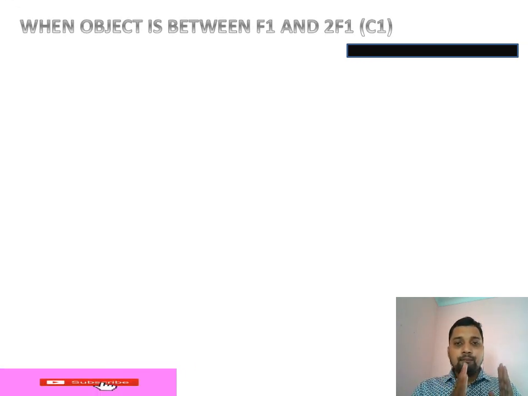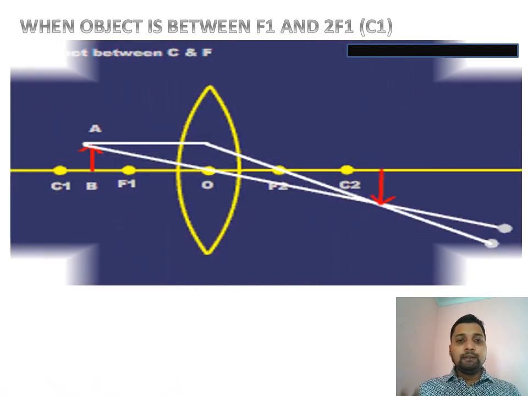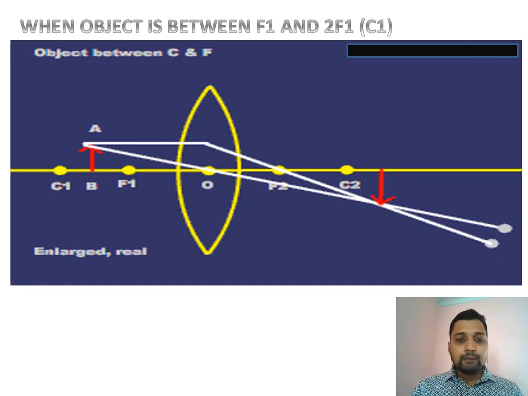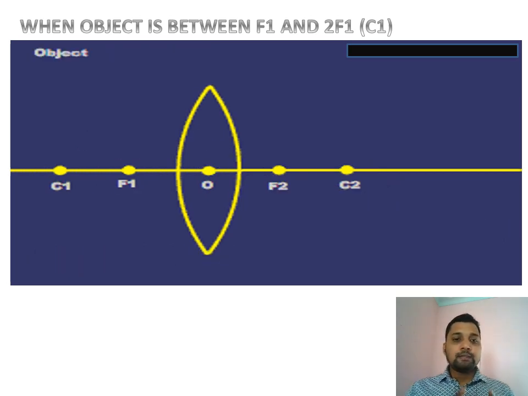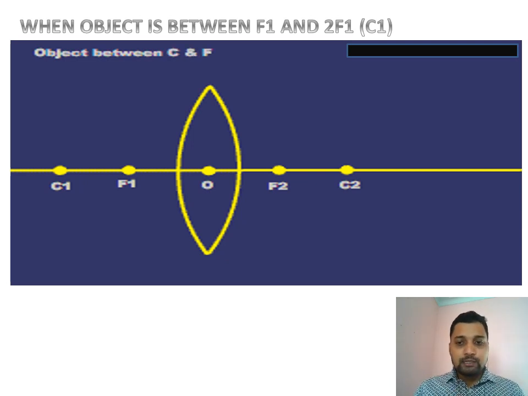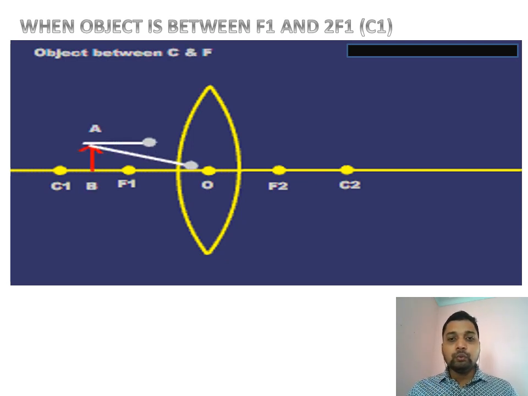Next one, when the object is between F1 and 2F1, meaning between F and C. Again, we take two light rays: a ray of light parallel to the principal axis passing through focus, and another ray of light passing through the optical center. They meet at a point. Here you can see when the object is between C1 and F1, the image forms beyond C2.